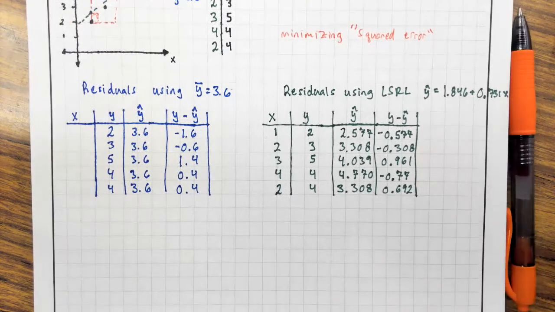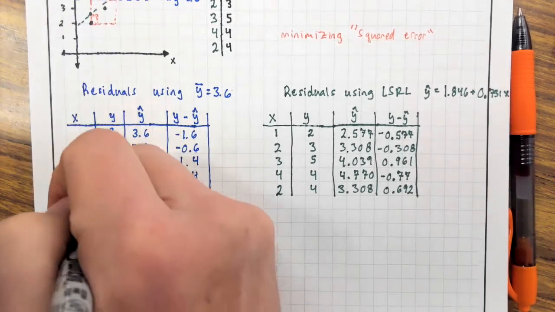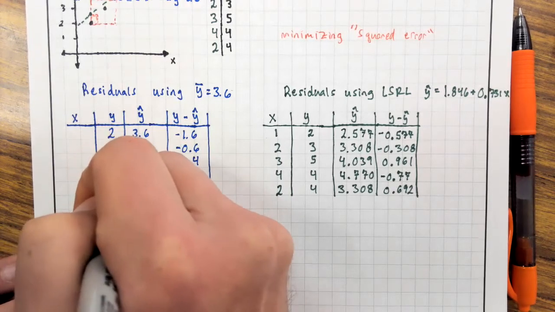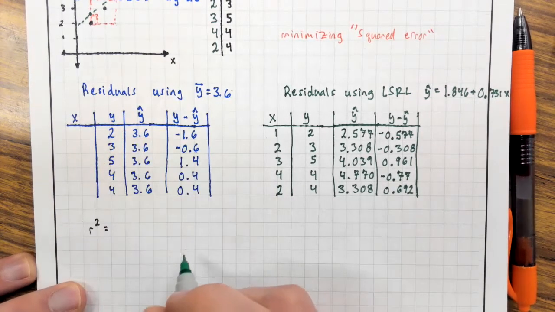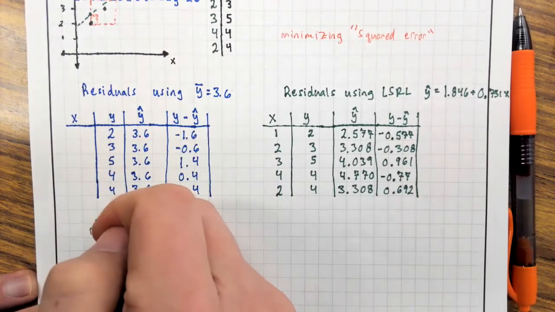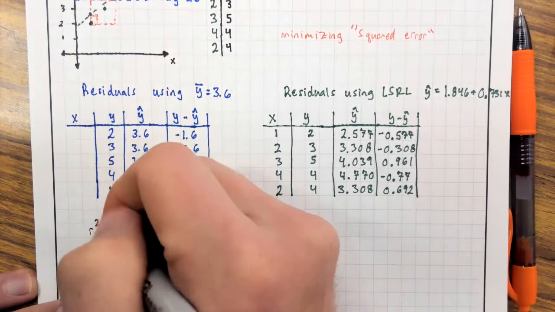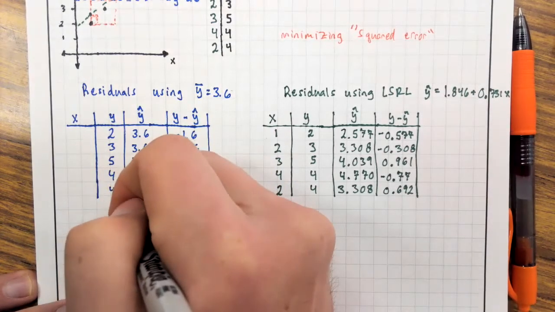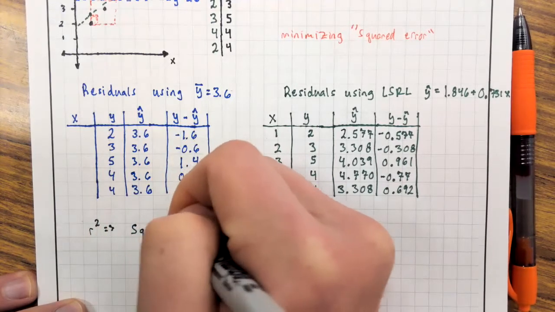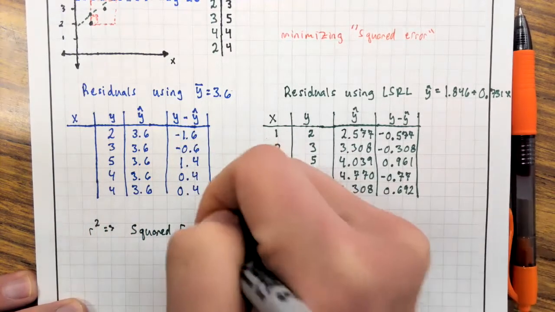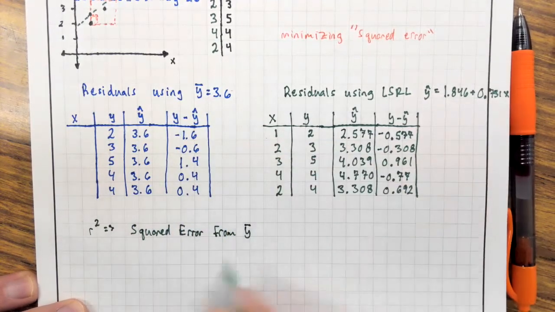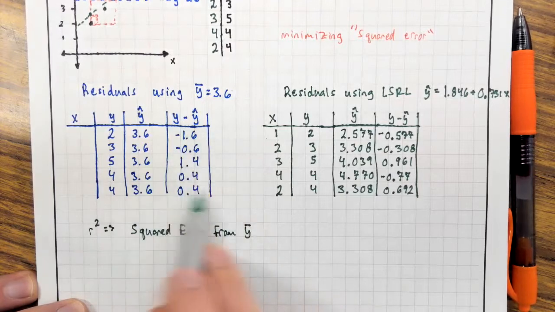So r squared is equal to, or maybe I should just write this out in words. It's the squared error from y bar, or the residuals from this first set.